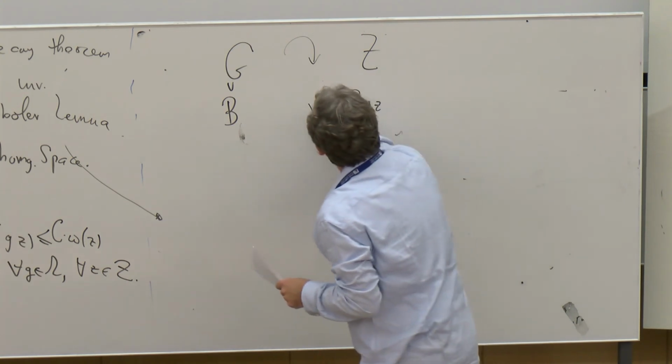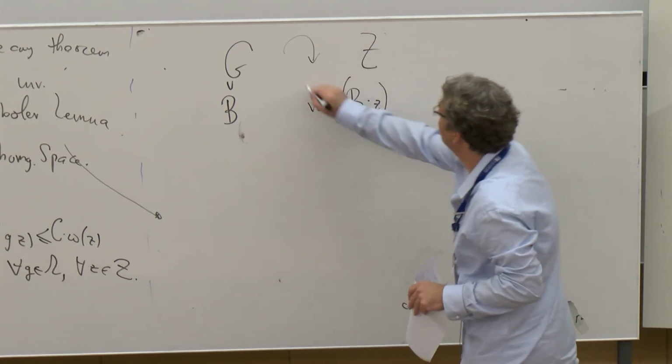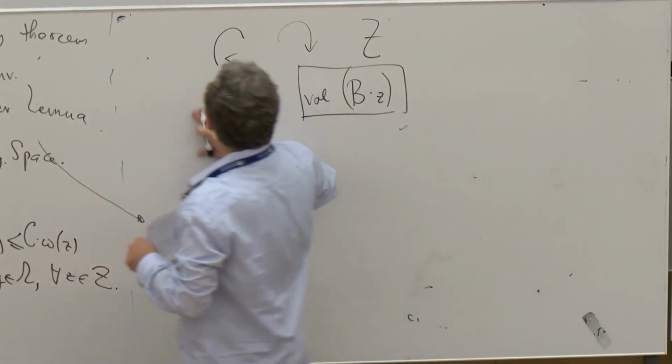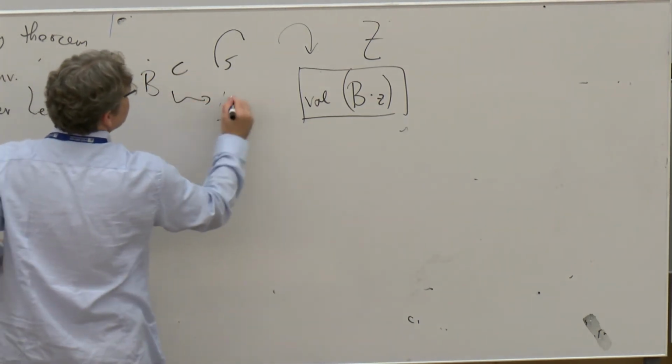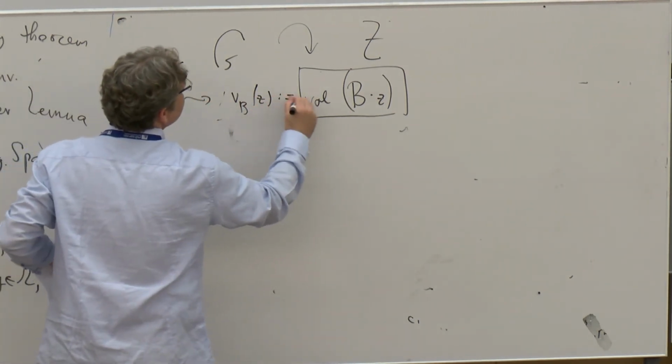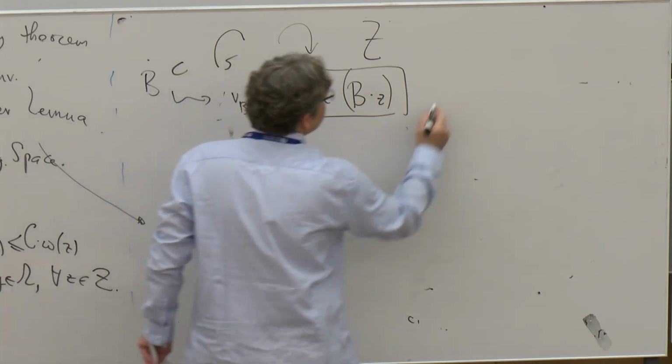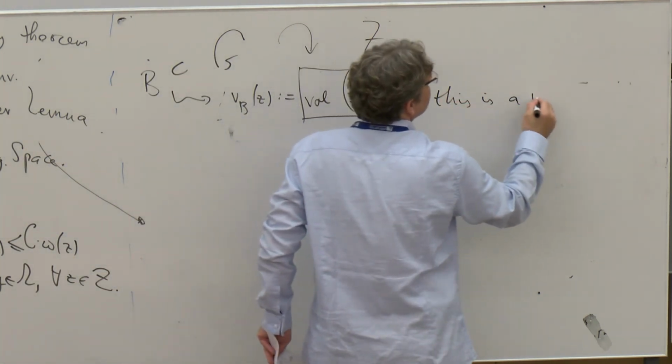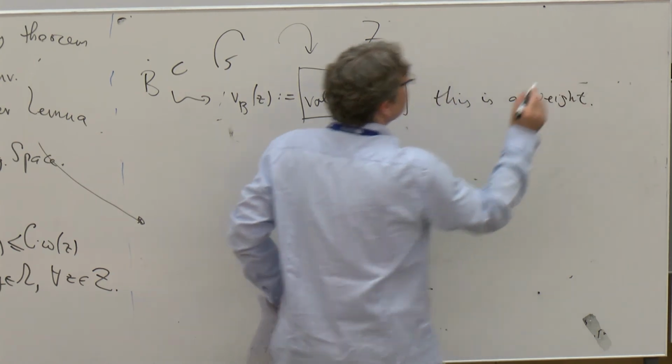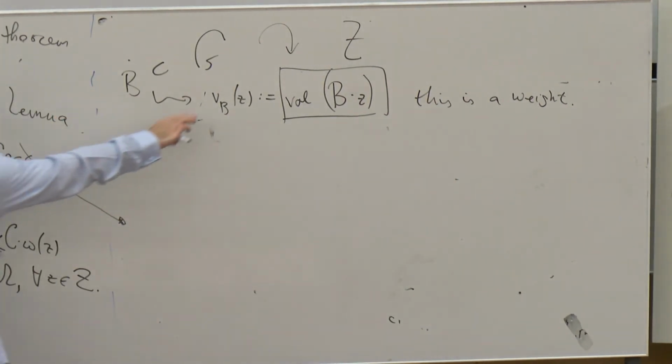And if you take the volume, this gives you a function. So for every B, you create V_B of z, which is this volume. And the exercise is that this is a weight. And in fact, it's easy to see that if you take two different balls, the two weights you get are comparable in an obvious sense.